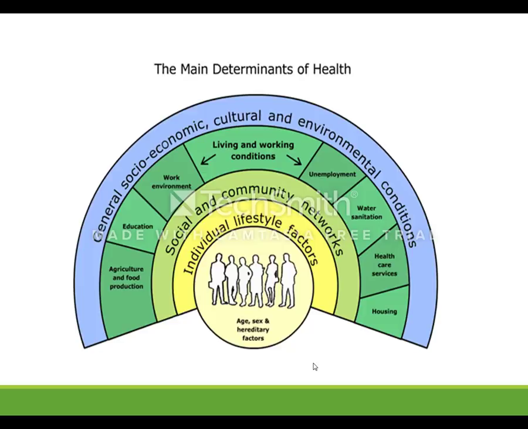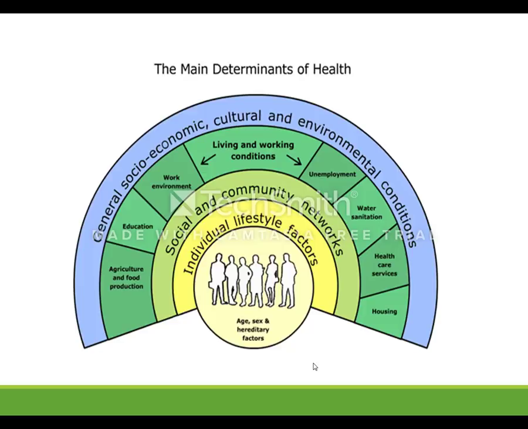So individual lifestyle factors. Well, despite your age and the fact that you've always had a club foot, you've been very active and eaten healthy food and have been blessed to be in an area with clean water and air.